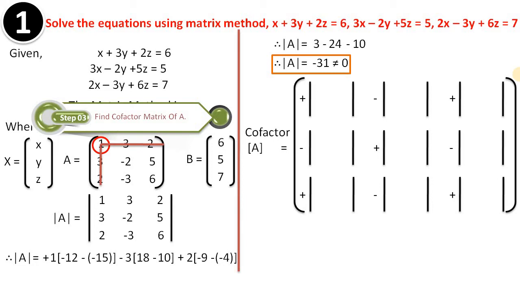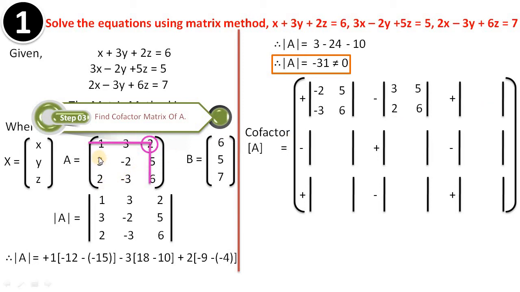So minus 2 5, minus 3 6. Now minor of 3 is obtained by deleting first row second column, which is 3 5 2 6. Next minor of 2 is obtained by deleting first row third column, which is 3 minus 2 2 minus 3.